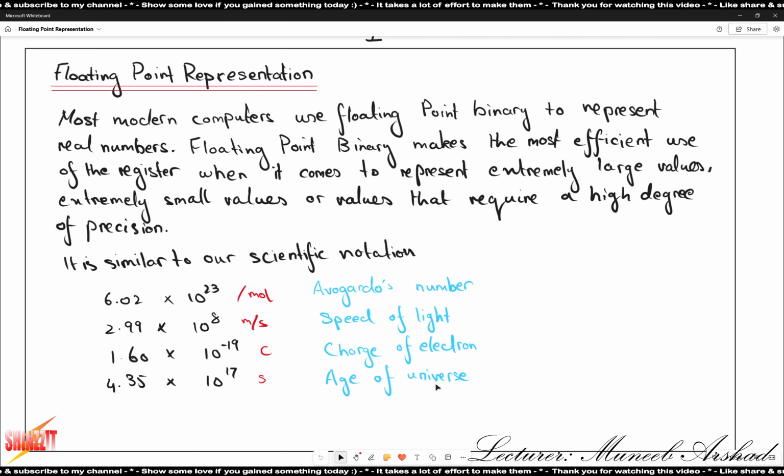And I also said that we'll talk about the precision and the range concept later on. But right now, you just need to know that the numbers, it can be a pretty large number or a small number or a number which requires a high degree of precision. So this is basically the use of the floating point binary system. As an example, I can quote your standard scientific calculators.